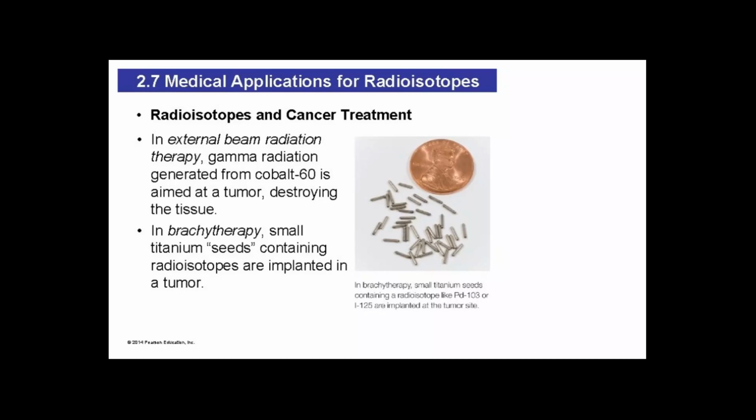In brachytherapy, small titanium seeds containing radioisotopes are implanted in the tumor. These will emit gamma radiation and kill the tumor. So in brachytherapy, small titanium seeds of palladium-103 or iodine-125 are implanted in the tumor site.